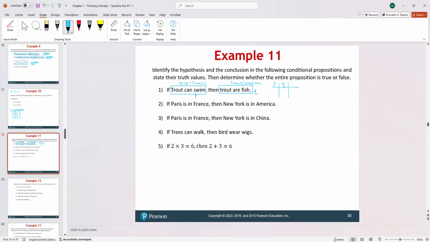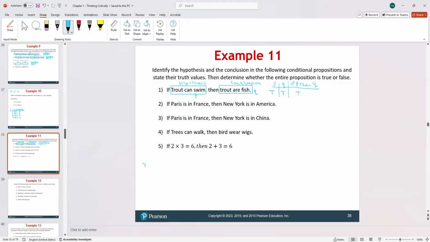If you know trout, you know they can swim. That's true. And also, do you believe trouts are fish? Yes. Then the conditional, because both of them are true, you can conclude that if P, then Q, it's true.